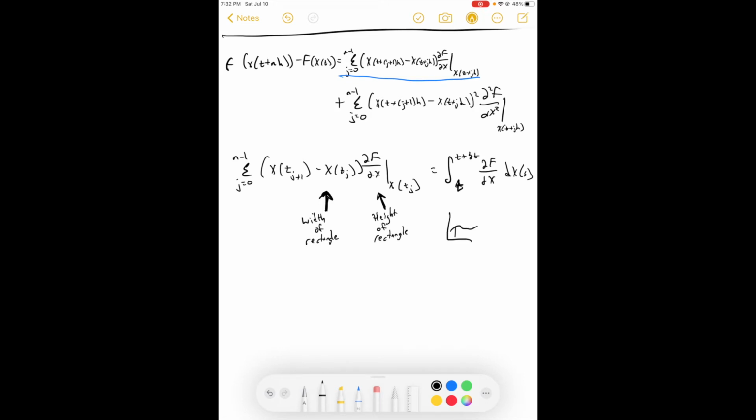Where we've got some function here and we're drawing these rectangles and then adding them up, like we did in that last video.